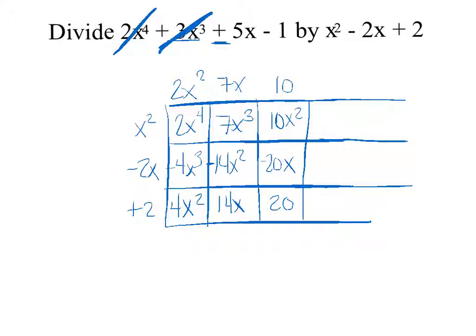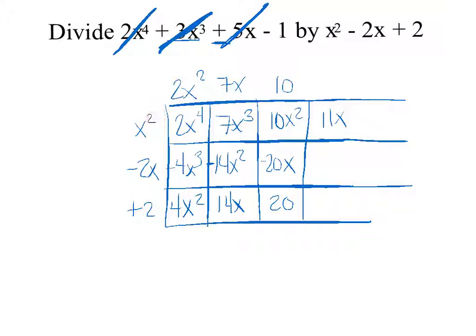Okay, so now I'm looking at my x's. I want 5x. Right now I have 14x minus 20x. That's a negative 6x. So for negative 6x, I would have to get 11x up here to be a positive 5x. So those all cancel out. Also, I need a negative 1. Now, notice I'm kind of moving on because there's no way I can make x squared down into an x.